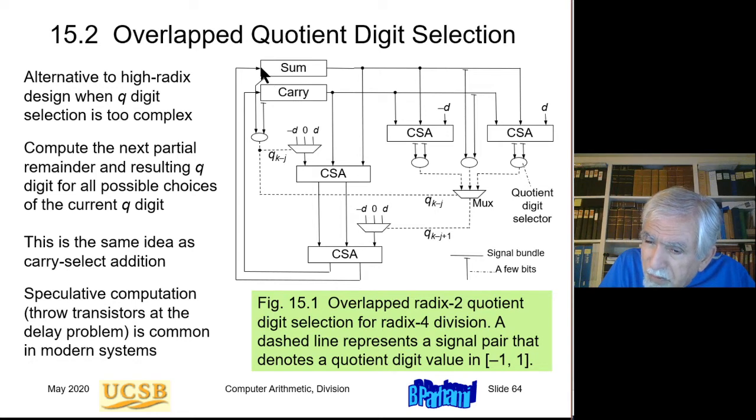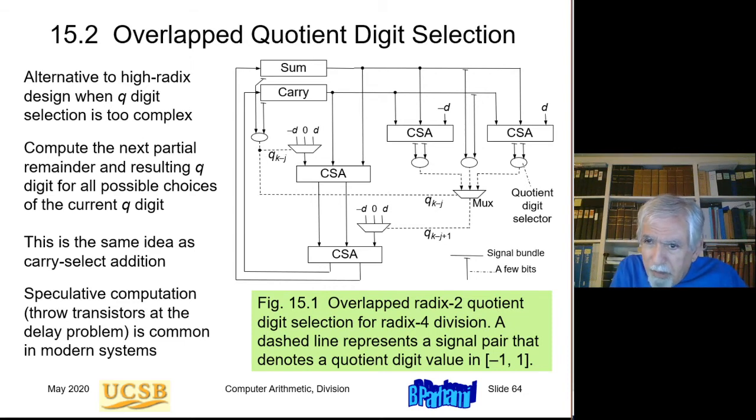We look at a few bits of the two components, and this oval box is basically a quotient digit selector logic. So the quotient digit selector logic looks at a few bits of the carry component and a few bits of the sum components and decides what the quotient digit would be.